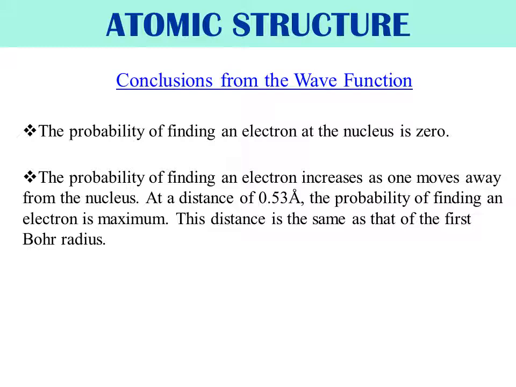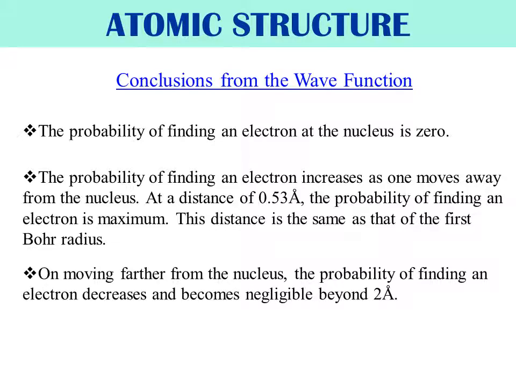This distance corresponds to the Bohr radius, which reflects the radius of a hydrogen atom. On moving further away from the nucleus, the probability of finding an electron decreases and becomes negligible beyond 2 angstrom.